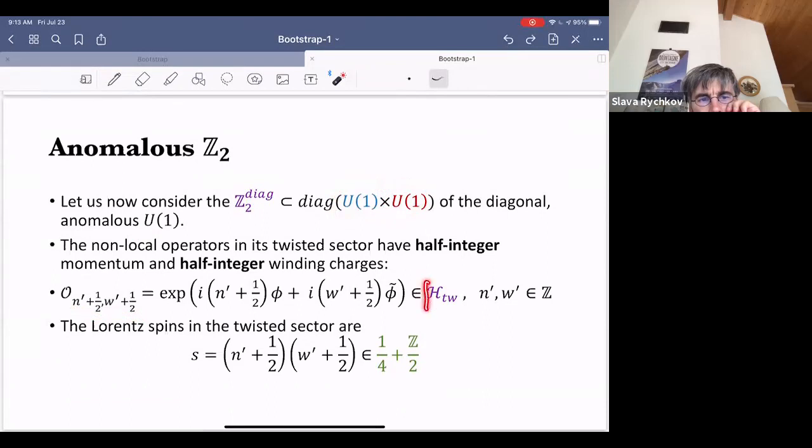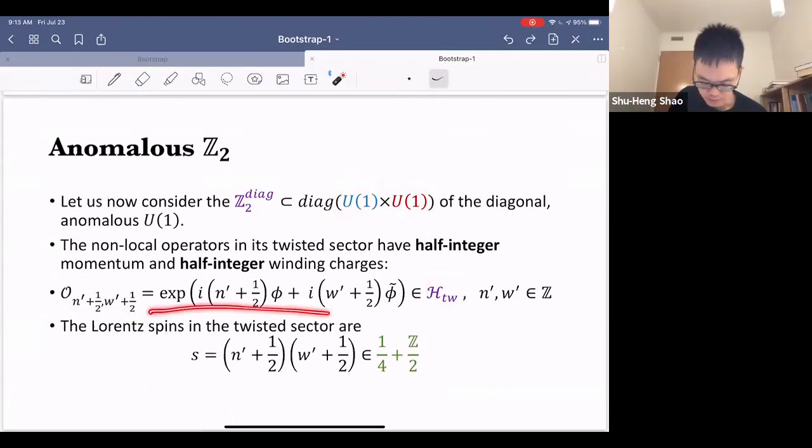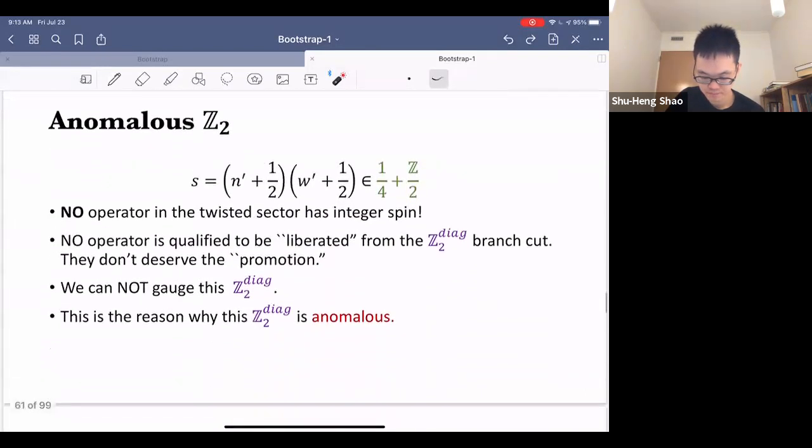So now in this purple twisted sector, the operators look like this, and its spin is given by this formula. Very importantly, this is never an integer. So no operator in this purple twisted sector has integer spin.